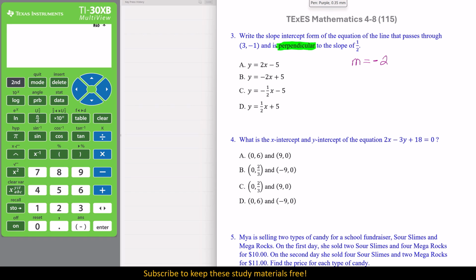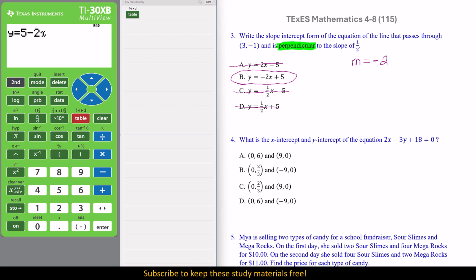Okay, now we come over to our options and let's do some eliminating. Well, obviously C and D are not the correct slopes. So now we need to find out from A and B. Oh, wait a minute. I'm seeing B. I don't want A. Okay, how do I check that to make sure it's correct? Put it in the calculator.